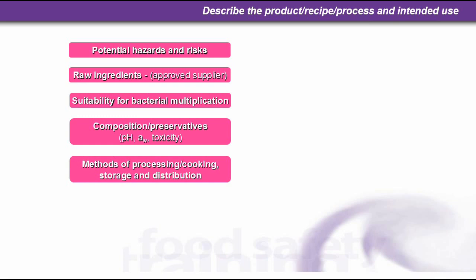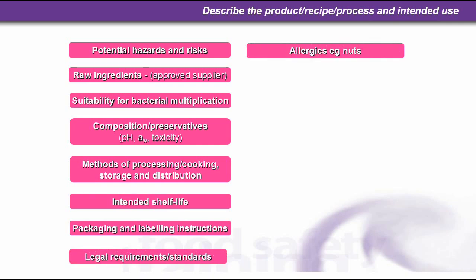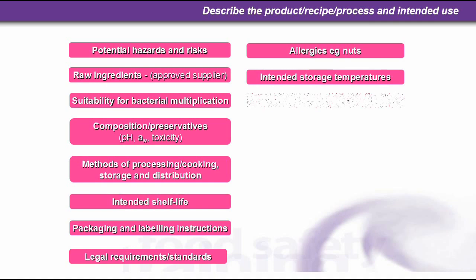Methods of processing, cooking, storage, and distribution. The intended shelf life. Packaging and label instructions. Legal requirements and standards. Allergies, and obviously since the new legislation that came in December 2014, there are 14 different allergens that must be taken into consideration, not just nuts. Intended storage temperatures.